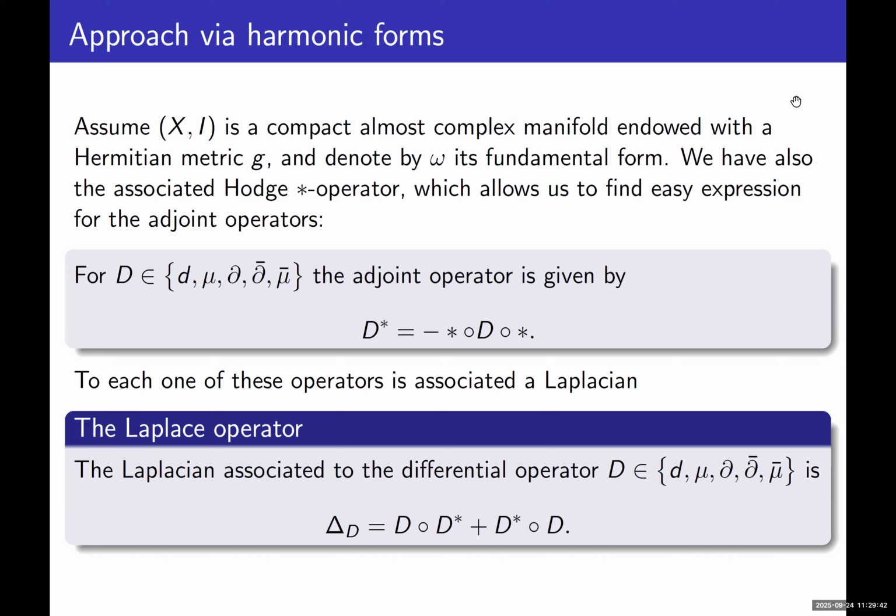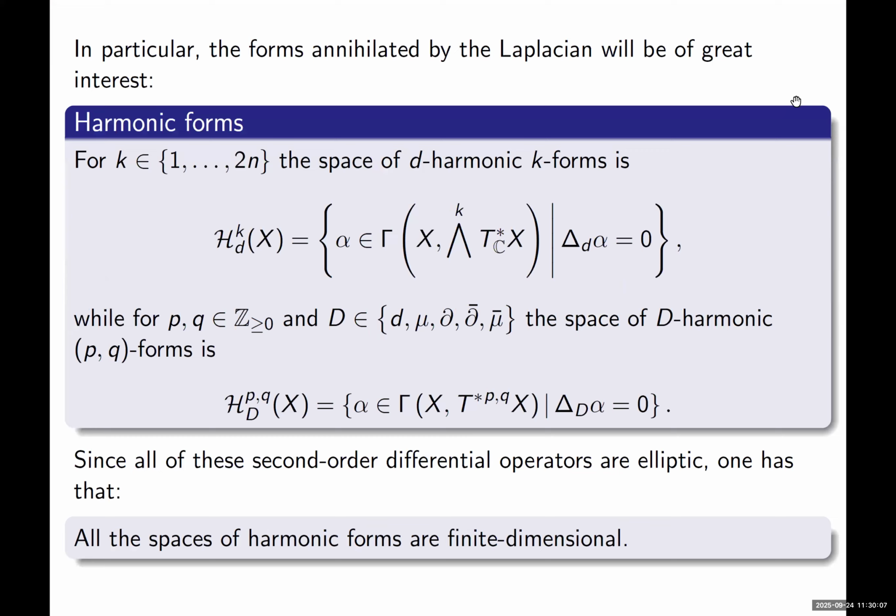Well, we can give an expression to the adjoint operators for d, mu, del bar, mu bar, which can be expressed in terms of the star operator, and introduce the Laplacian, the Laplace operator associated to d, to del, mu, and so on. All the forms which are annihilated by the Laplacian are called harmonic forms.